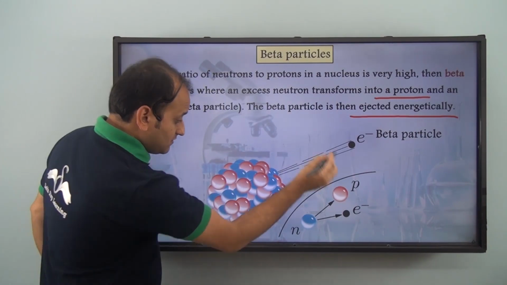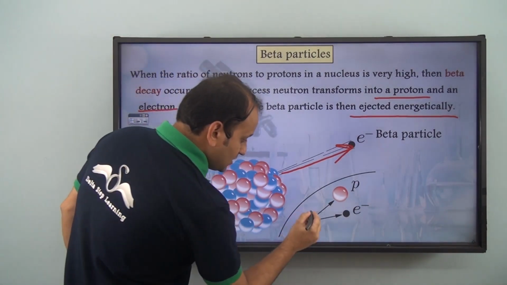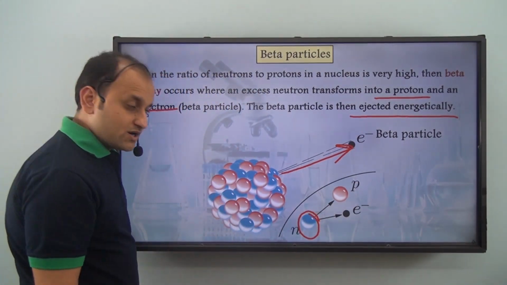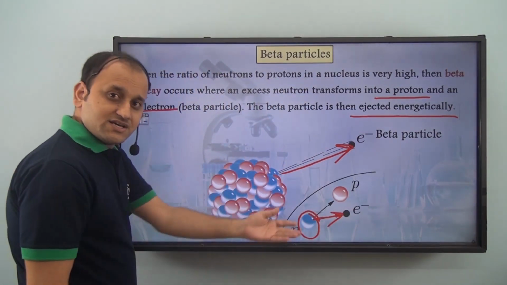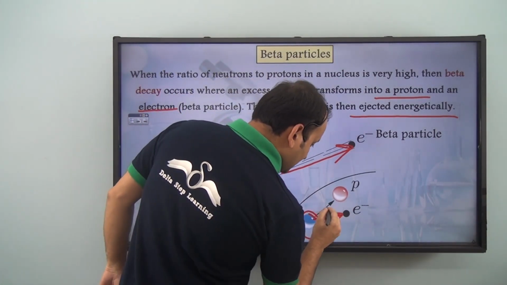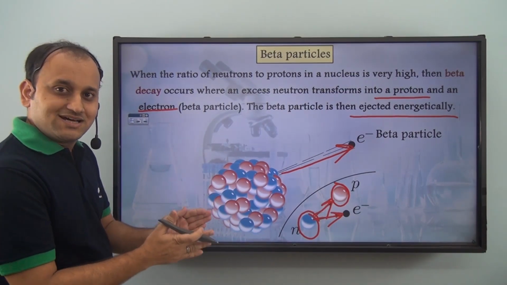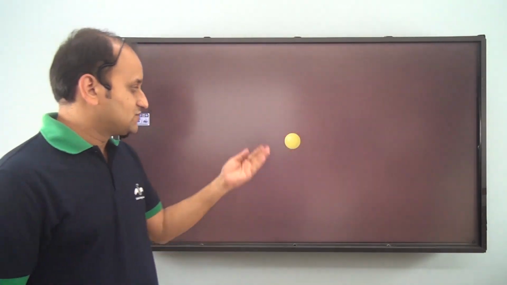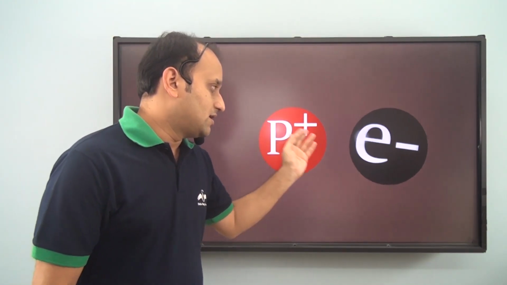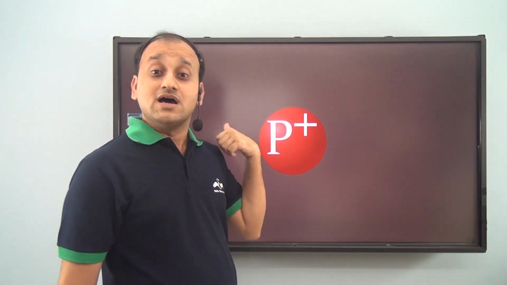So when a nucleus emits a beta particle, what exactly happens inside? Inside, one neutron tries to convert to a proton. So what it does is it emits a negative charge, which is the beta particle, and it converts to a positively charged proton. So this is the entire thing which happens inside. Let's see this in the animation. One of the neutrons emits a negative charge or a beta particle, and it converts into a proton because now it is positively charged.